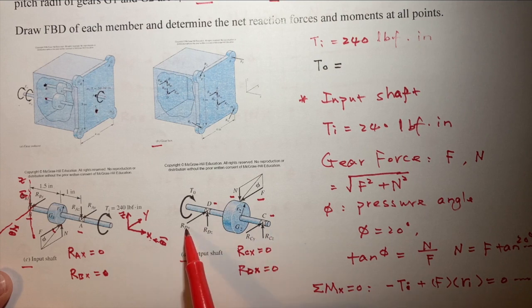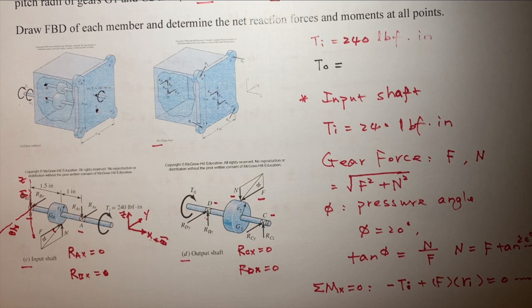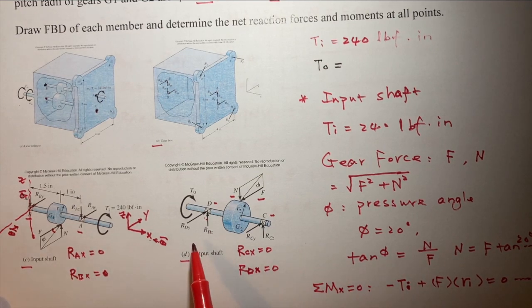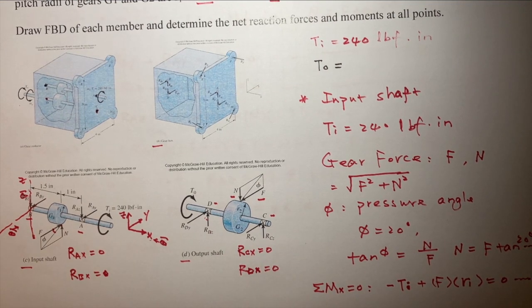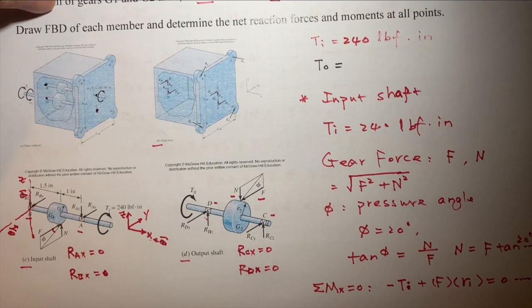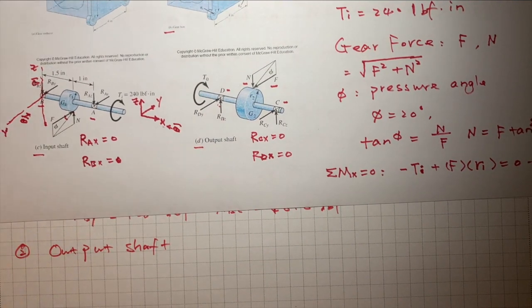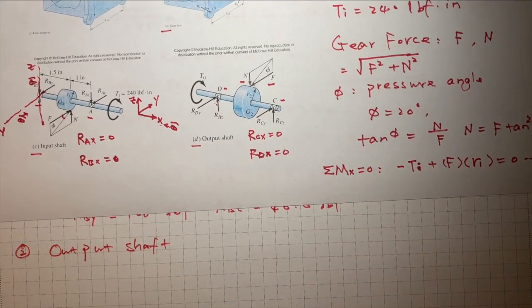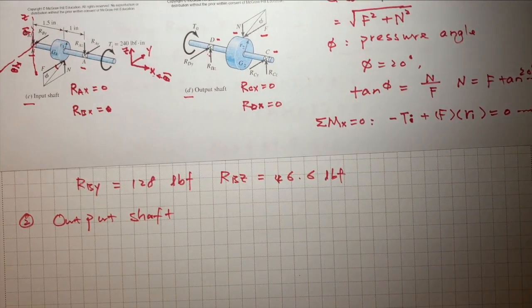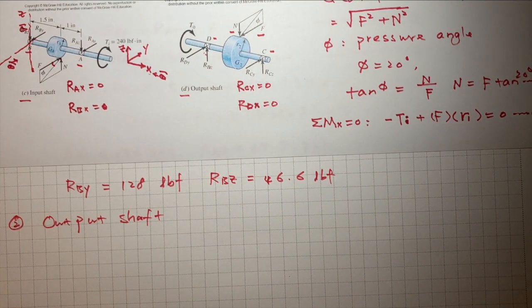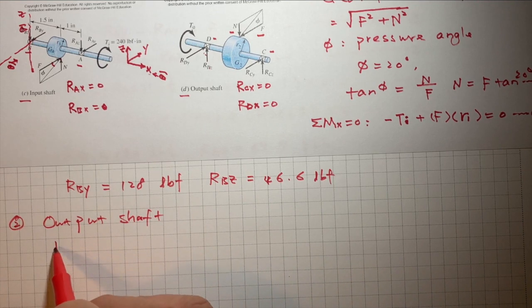We need to solve for four unknowns: Dy, Dz, Cy, Cz. So you need four equations to solve four unknowns. I'm not going to go through the details. I'm going to assign this as a homework problem, and you can get more details, but I can give you the answer.